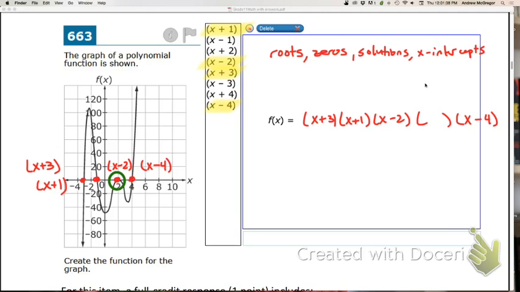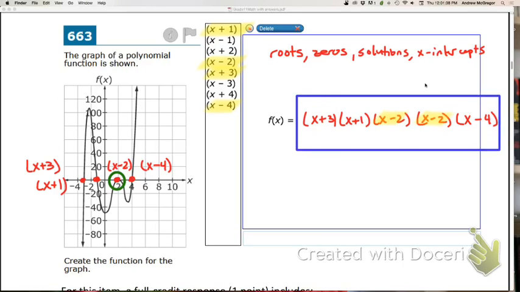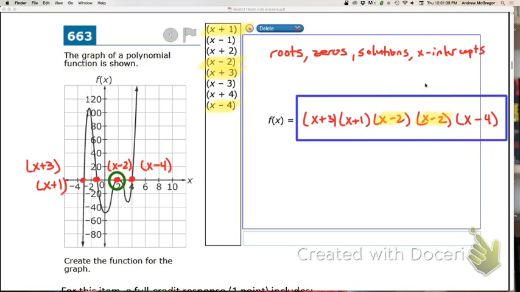So, because you have two solutions, you have to write x minus 2 twice. And I could prove it with the algebra. We don't have time today. But general rule here, if you have a solution and it crosses it, you only write it once. But if it lands right on that x-axis, you got to write that solution twice.